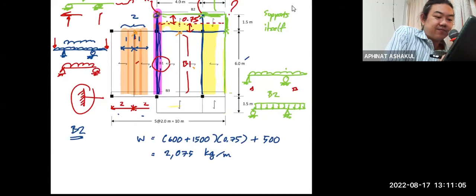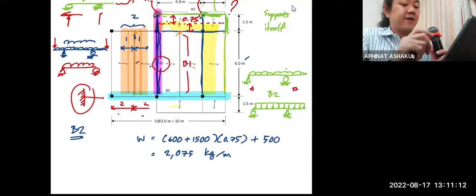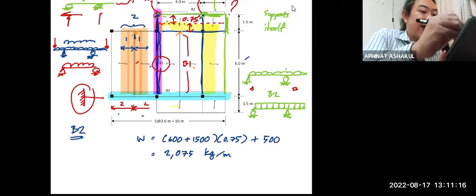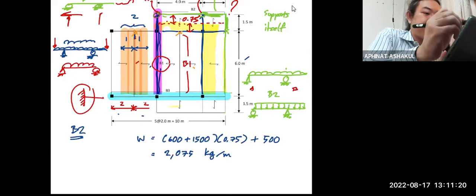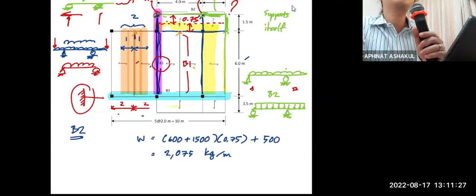Blue it is. Okay. Ladies and gentlemen, first things first. Now you know B3 has to support the reaction from B1, correct? Anyone want to ask me something? Come on. No question.